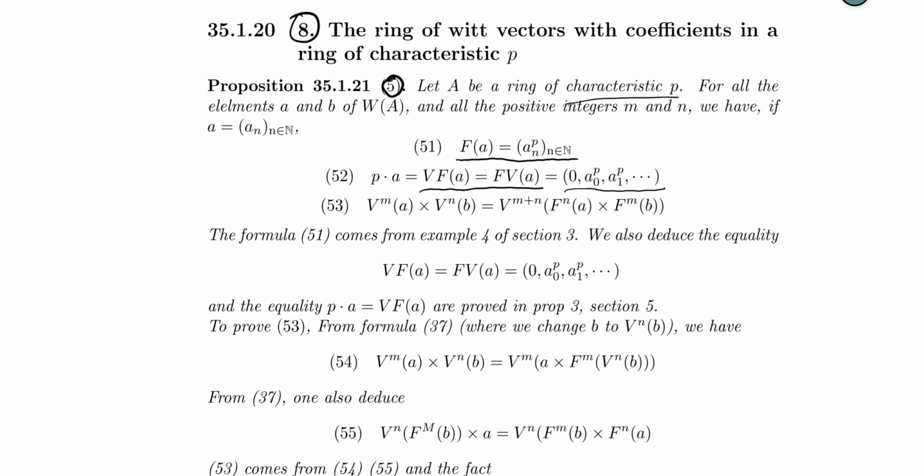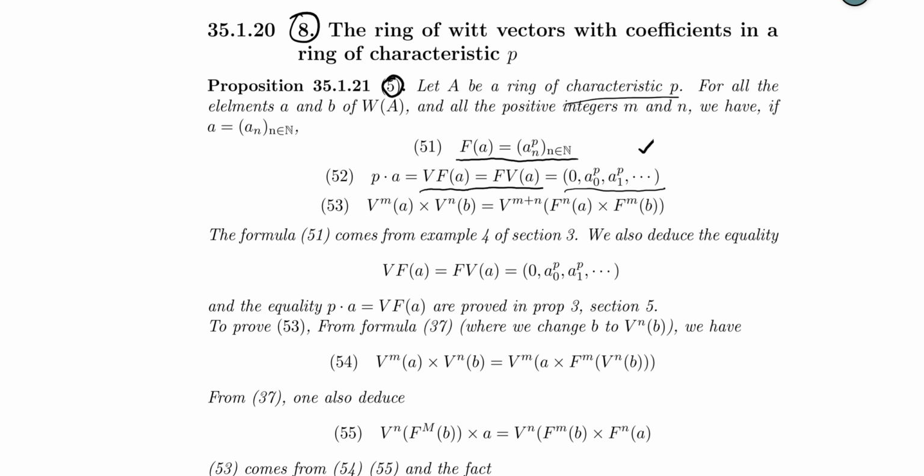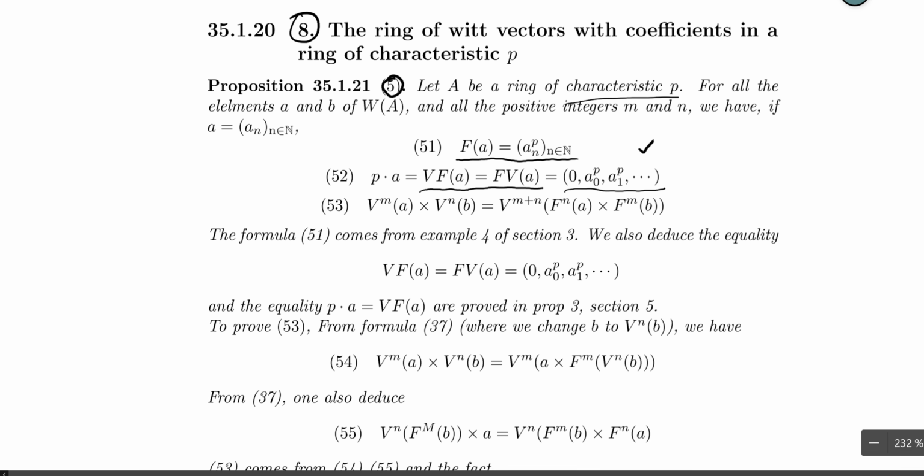Well, for this one, a not very satisfying proof is that you just check what f0, f1, and fn are. Do you realize what it is? With characteristic p, it is just raising x0 to the power p, and here, same thing.